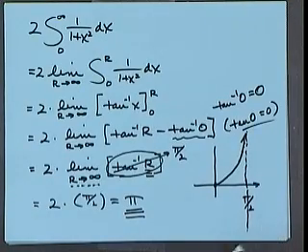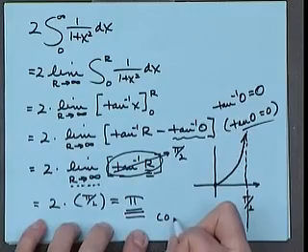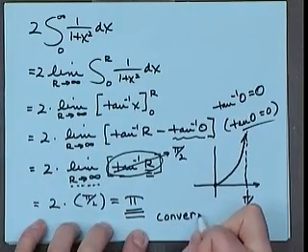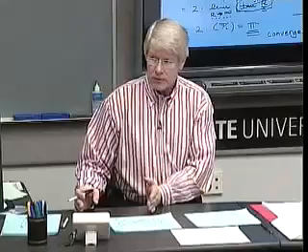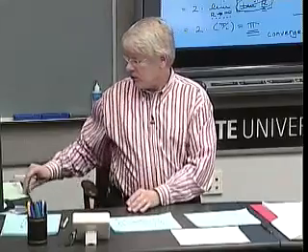So this integral converges. Symmetry helps. If you don't have it, then you're going to have to find a value where you stop one region and start the other one. Right. They're both convergent.